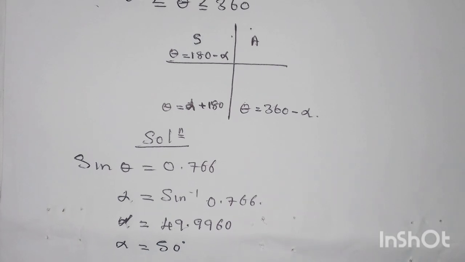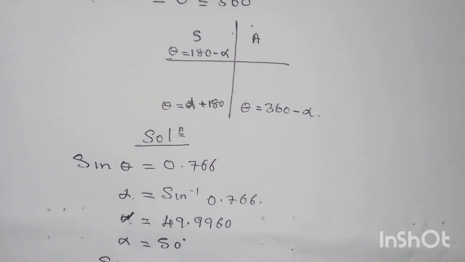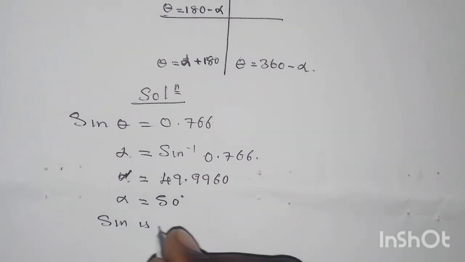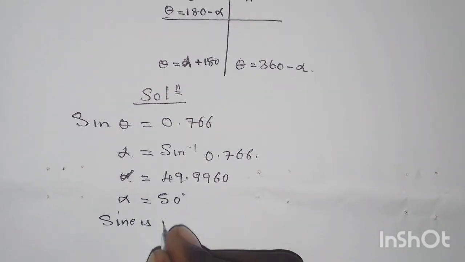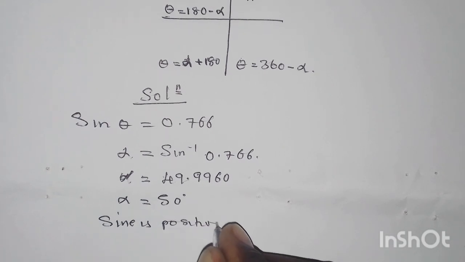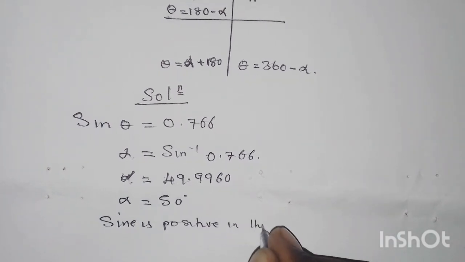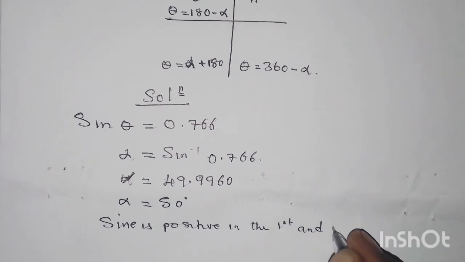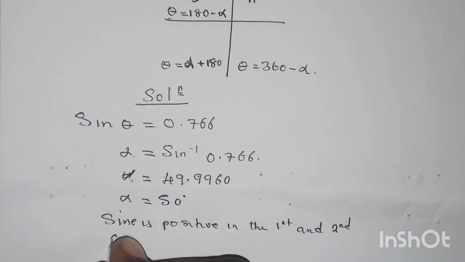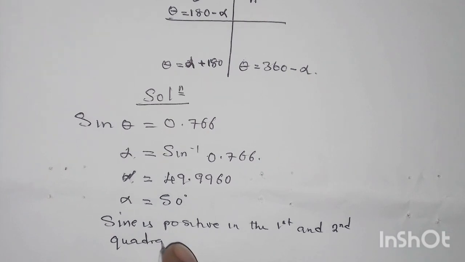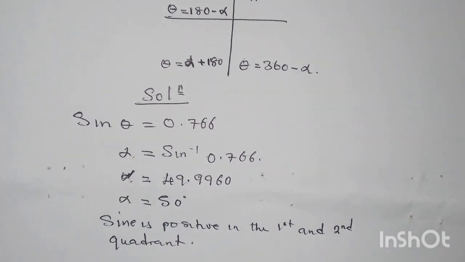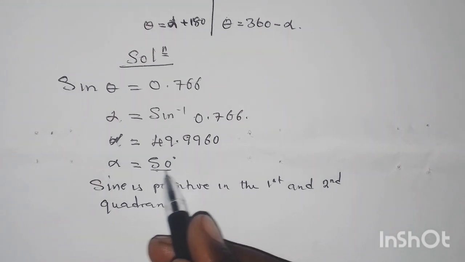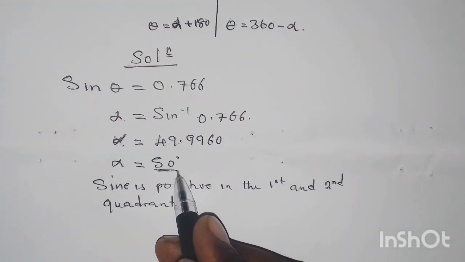So we are going to say sine is positive in the first and second quadrant. For the first quadrant, we have our reference angle, which is 50. So that one we are done with it.